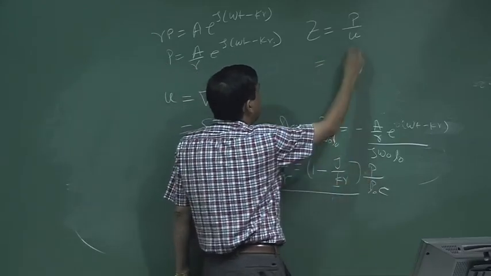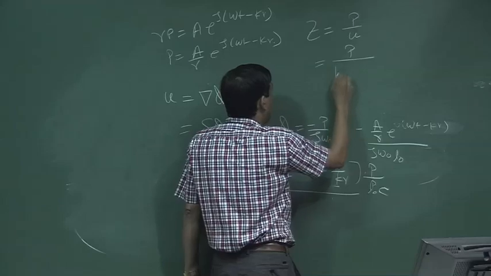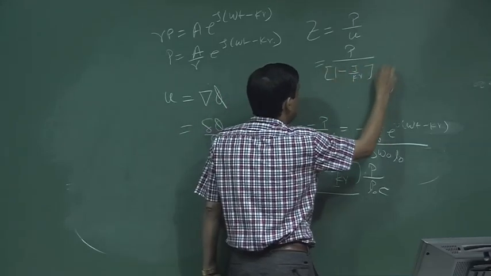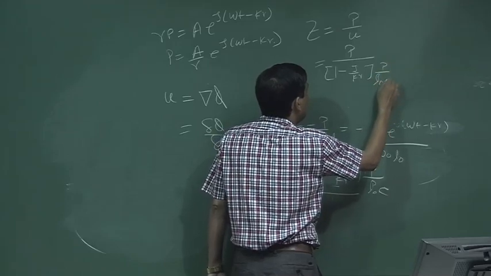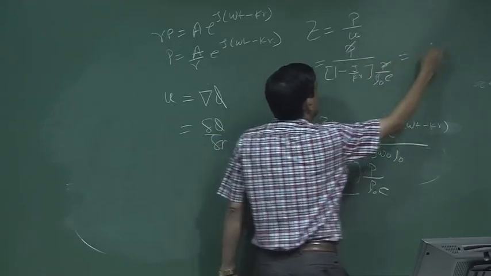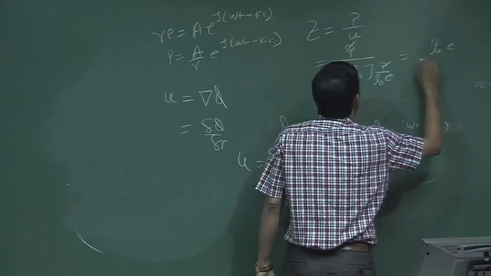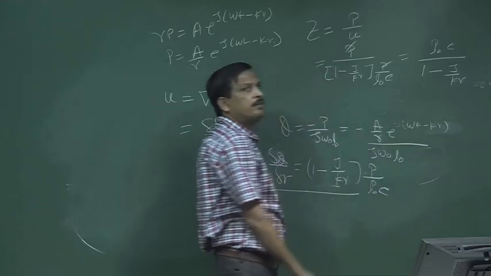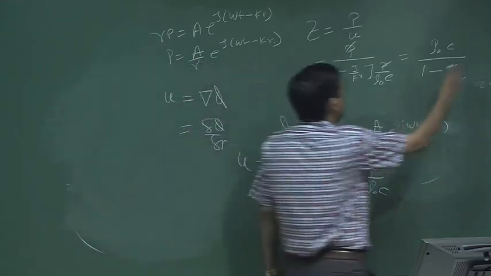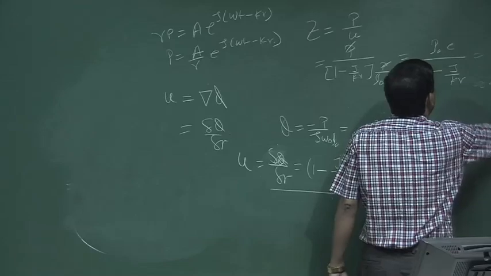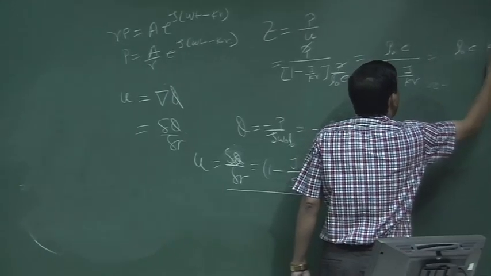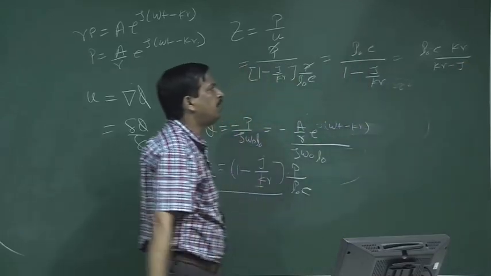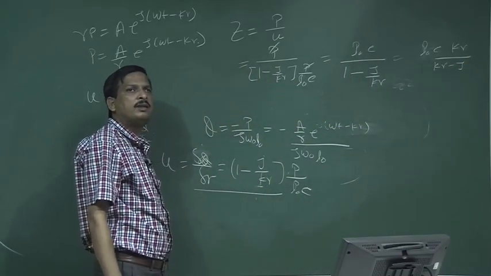P will be cancelled, P divided by 1 minus j by kr into P by rho 0 c. So P cancels. It is nothing but rho 0 c divided by 1 minus j by kr. So I can write it as rho 0 c into kr by kr minus j.